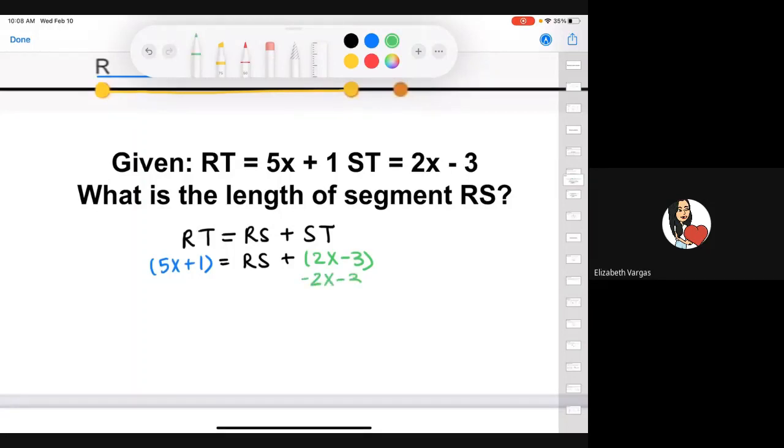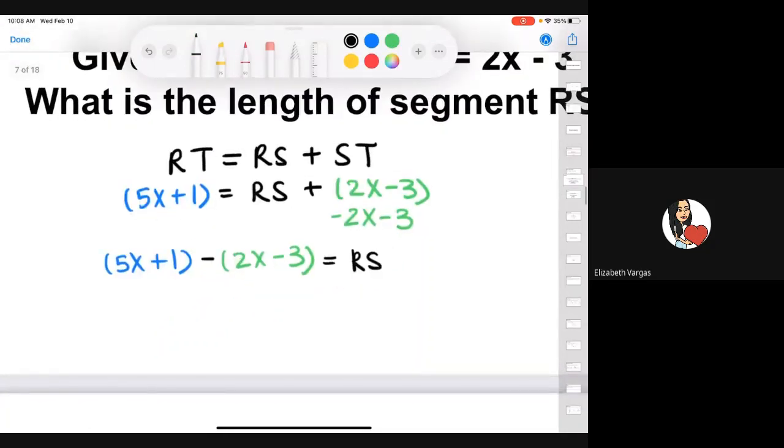So 5x plus 1 minus 2x minus 3 equals RS. Now I'm going to combine like terms. So I get 3x minus 2 equals RS.